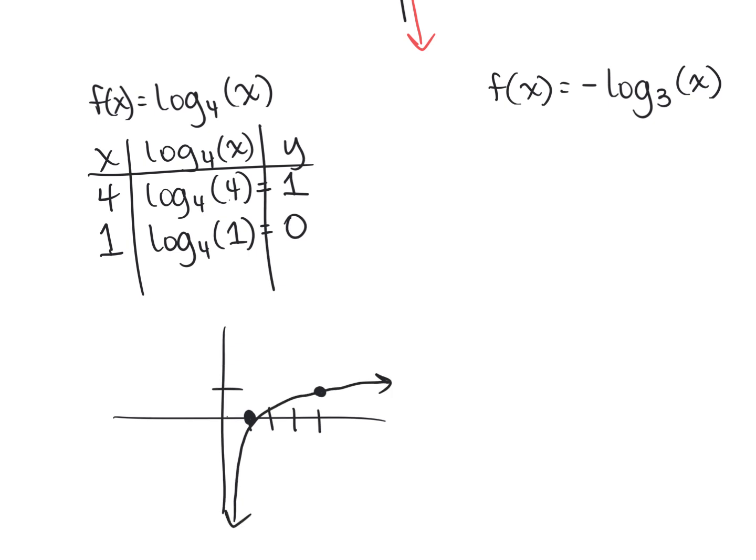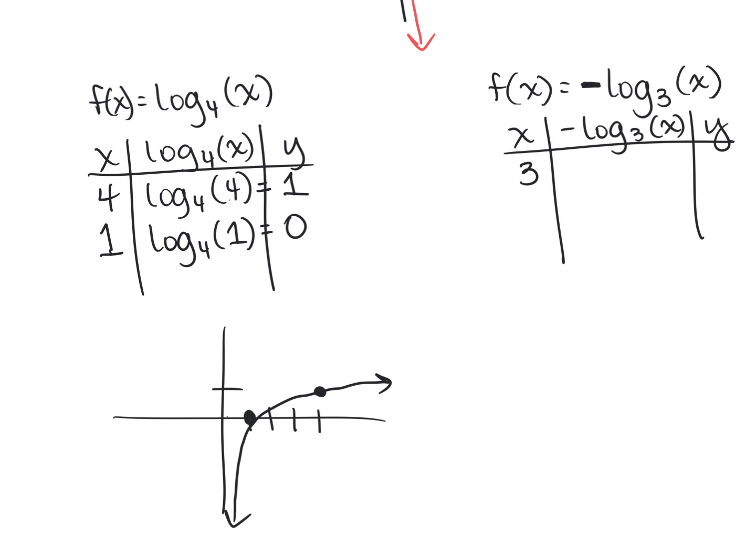Now, when I look at this next one, I have a log base 3 of x, but we have this negative out here. So again, I'm choosing my x's carefully so that I can tell where this thing is going. And I'm going to always choose the base that's there, so I keep a 3. And then I'm going to put a 1 in there.